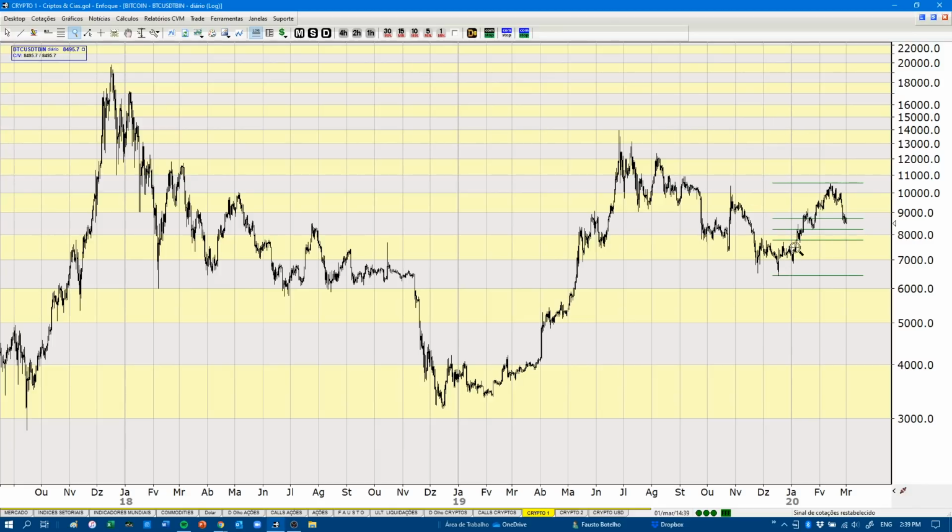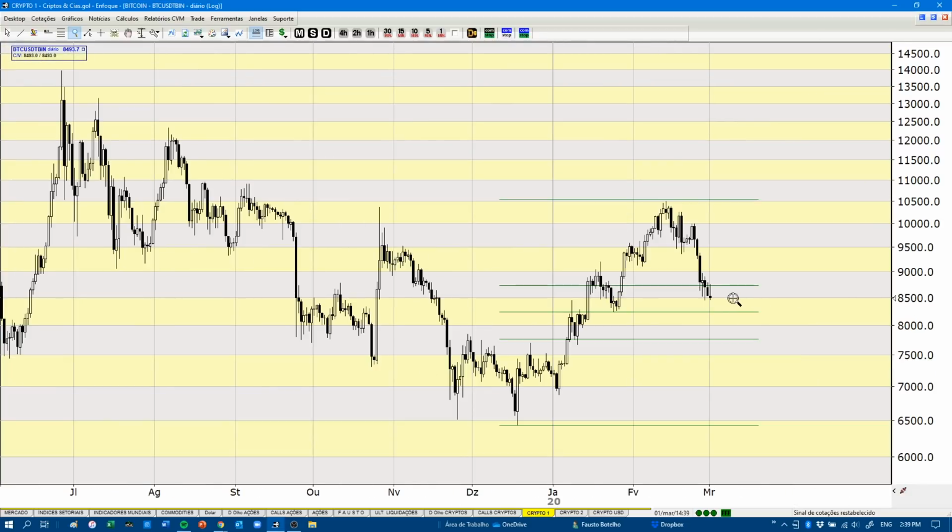So after wave 1 of wave 3, the market corrects the most. So eventually, yes, I think the market should come a little bit further down and correct 50%.